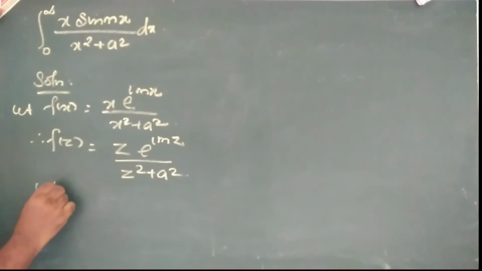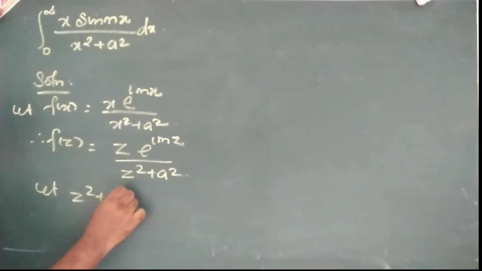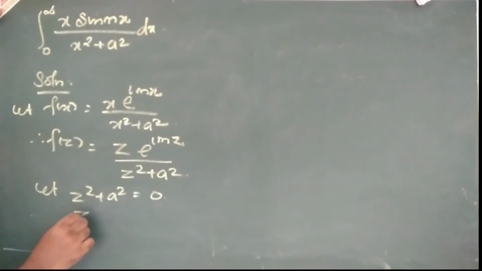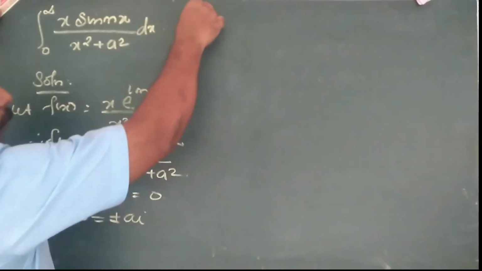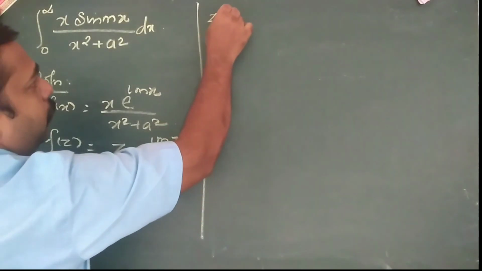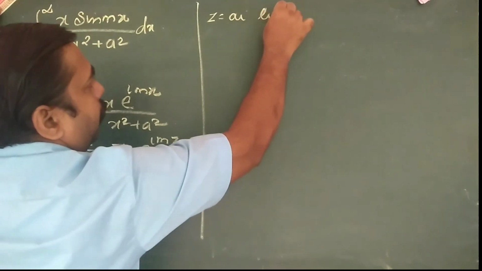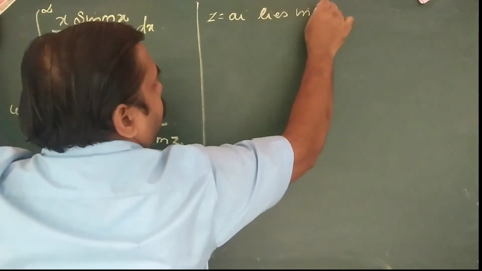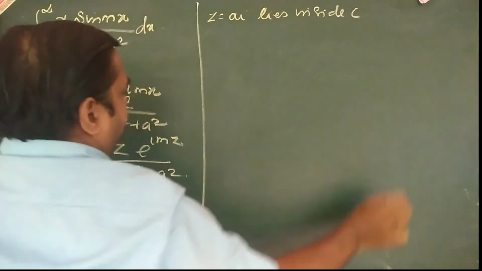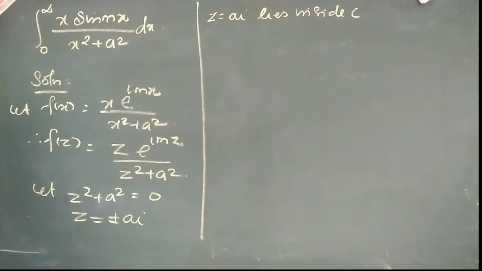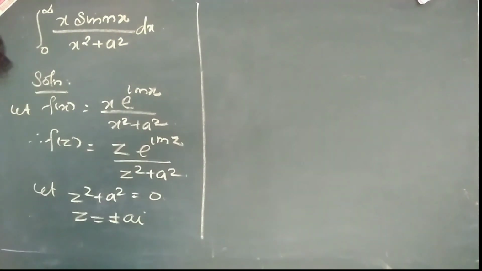therefore z is equal to plus or minus ai, and z is equal to ai lies inside C, because it is the imaginary part.